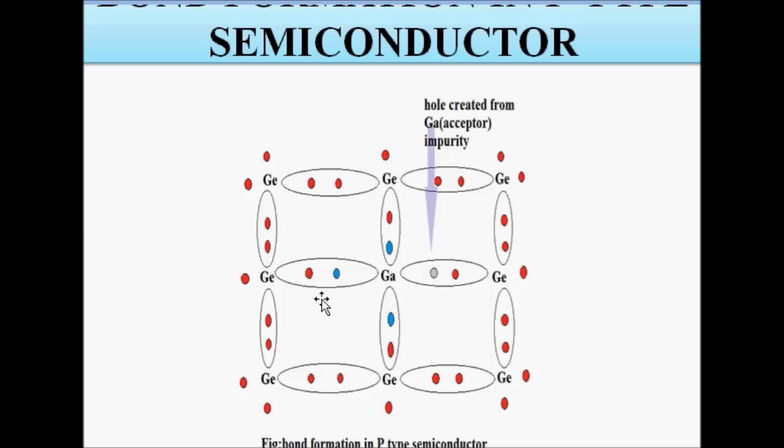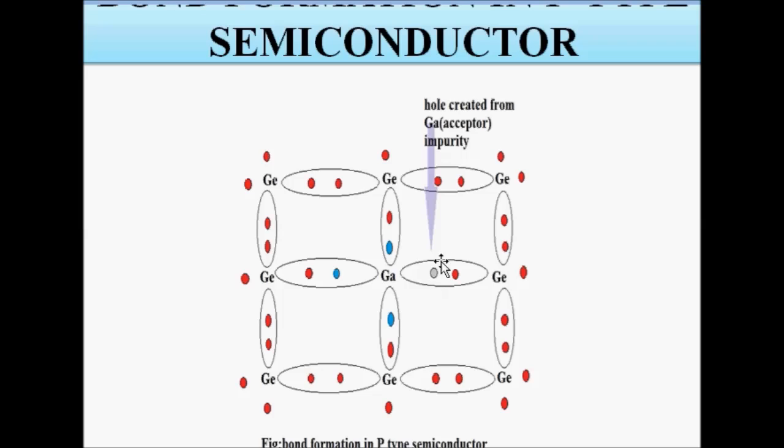So 3 covalent bonds are formed where gallium exhausts 3 of its valence electrons, and the bond with the 4th neighboring germanium atom is formed with 1 electron contribution from germanium only. Gallium does not contribute an electron. So there is a vacant electronic spot in this covalent bond. This deficiency of electron or absence of electron in this covalent bond is called a hole.